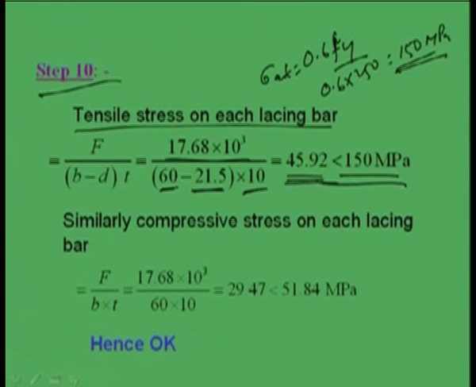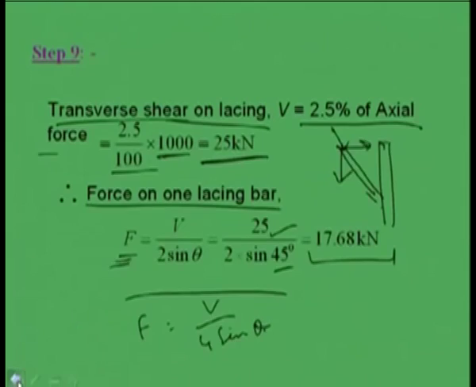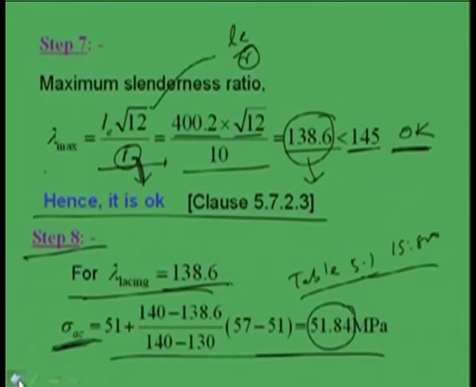Now, we will check from the compressive point of view. In compressive stress, it will be simply F by B into T. So, F is 17.68 into 10 cube, B is 60 and T is 10. So, this is coming 29.47, and this is less than the permissible compressive stress, which we found from the table as 51.84.